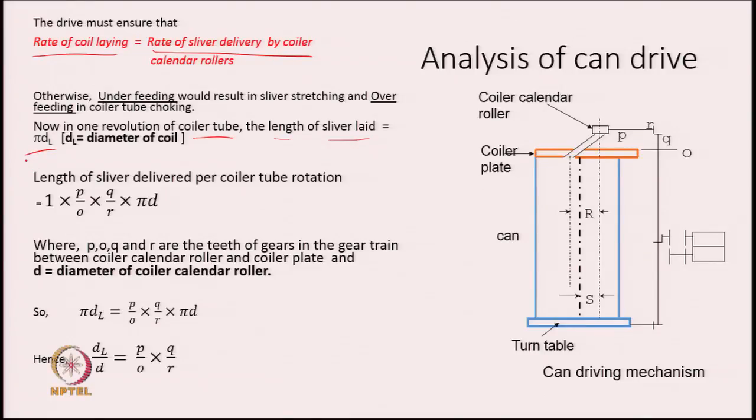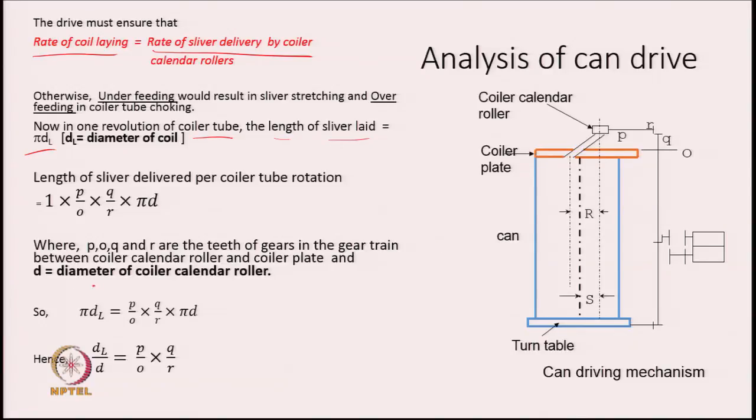The length of sliver delivered per coiler tube rotation, if I go through this set of gears, will be 1 into P by O into Q by R into pi d, where P, O, Q and R are the teeth of the gears shown in this diagram.